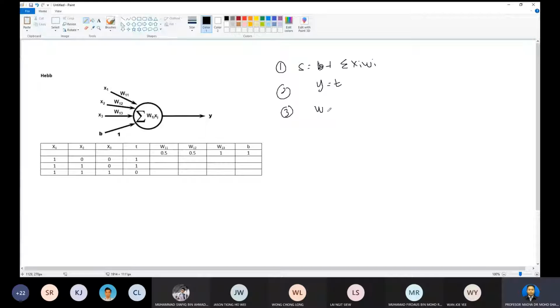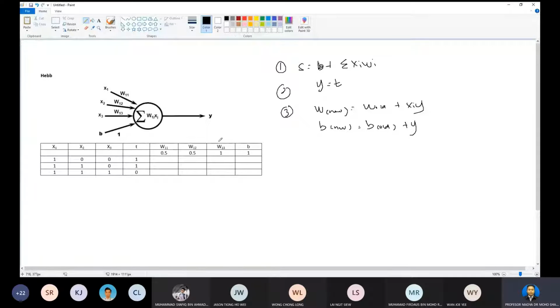The formula for Hebb learning: w new equals w old plus xi y, and bias new equals bias old plus y. First calculate the S, then adapt the weight and bias.